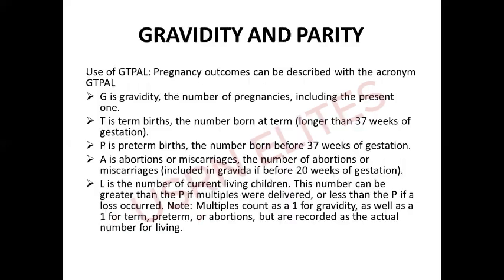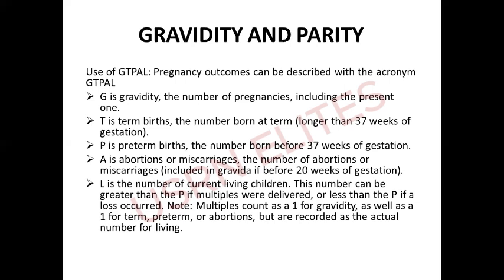Okay, so I said that you only split and count when the woman had any multiple gestation. It could be twin, it could be quadruple, it could be triplet. So in that instance, when a woman had a twin gestation, delivered them, and they are all living, when you get to the L aspect, or the living aspect, you split the children.